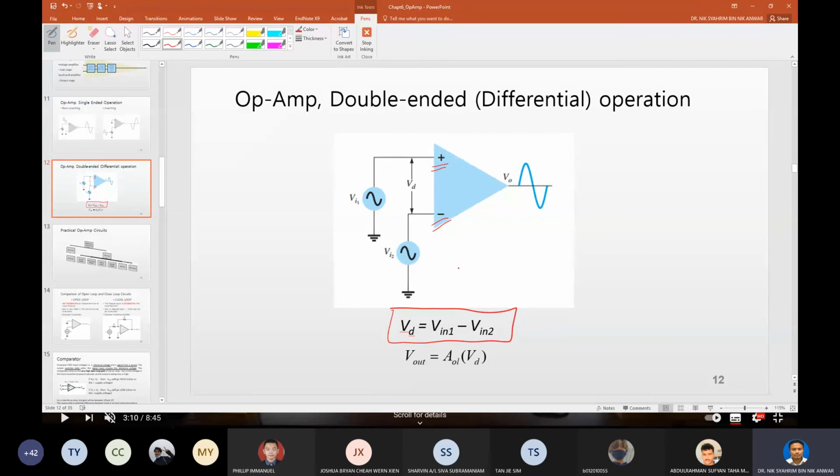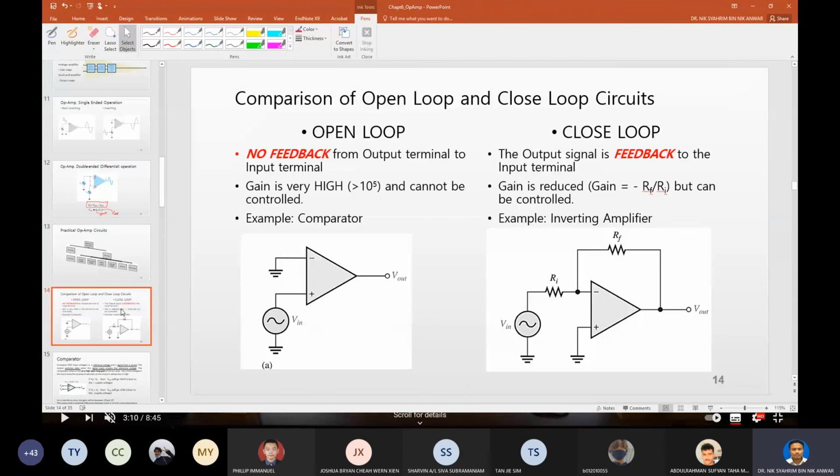So in this case, the non-inverting minus the inverting input, and only then the gain will multiply the V difference. In open loop, by default, the gain is very high, as discussed earlier, and cannot be controlled.